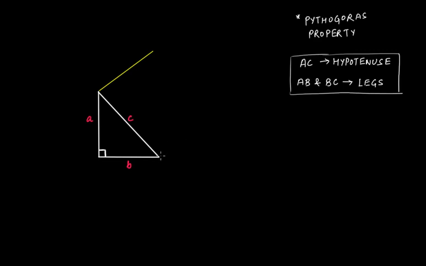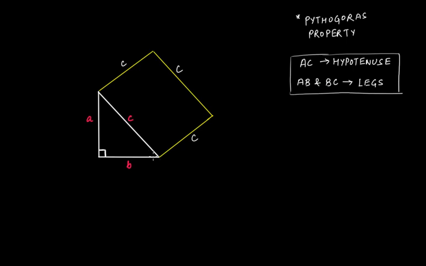Since I'm drawing a square on this hypotenuse, each side will be of length what? C. Why? Because C is the hypotenuse, and in this case each side will be equal to C. So this is a square that has been drawn on this hypotenuse, where each side is of length C.